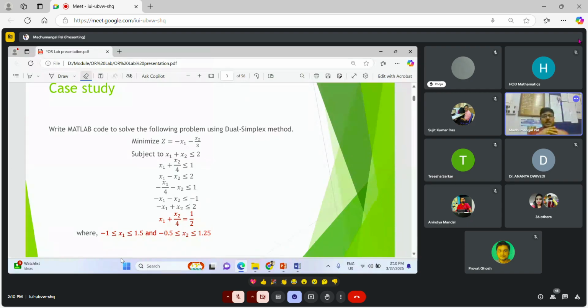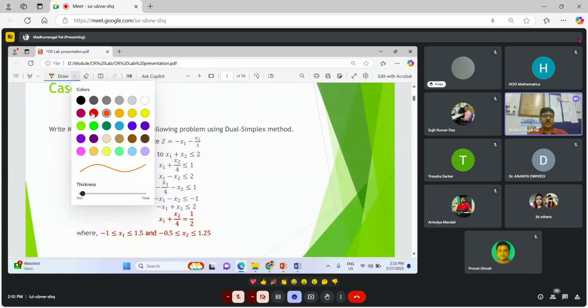Now we consider a particular example. Here the problem is minimization, z equal to -x1 minus x2 by 3. That means the problem contains only two variables, and the system contains a lot of constraints. Some constraints are equality type, some are less than or equal to type.